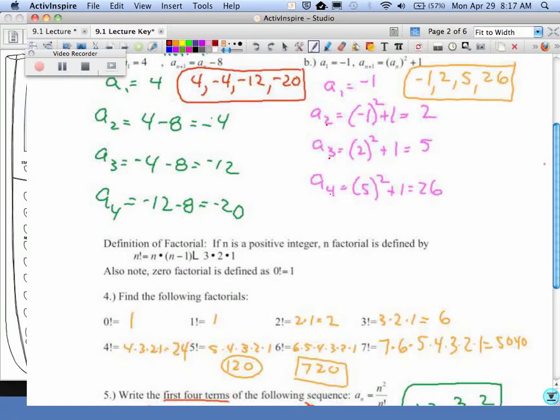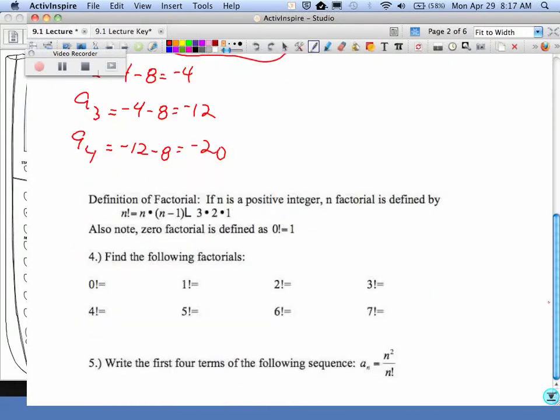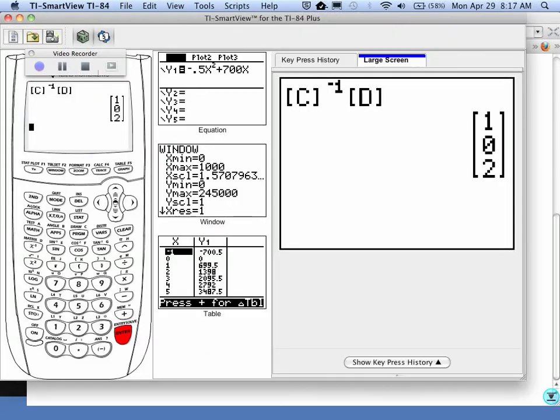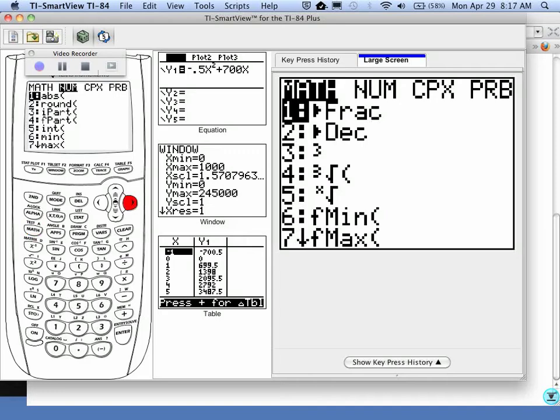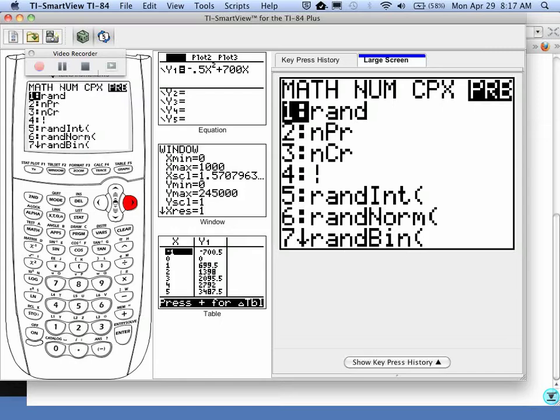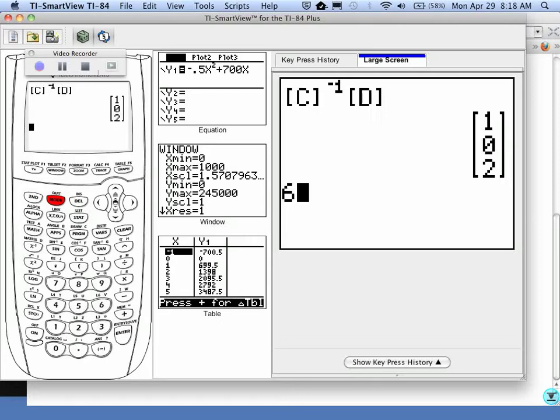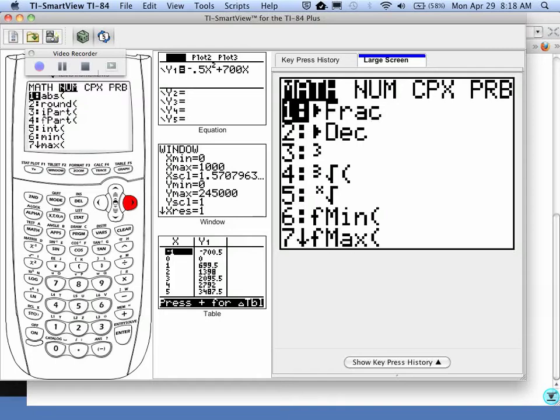Okay, factorial. Math button right there. Slide over to the probability menu. It's number 4. So 6, math, probability, select number 4, it puts the exclamation point behind the 6.